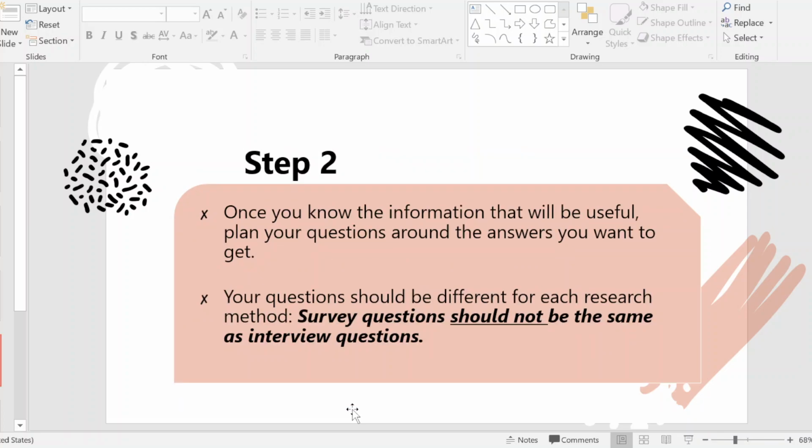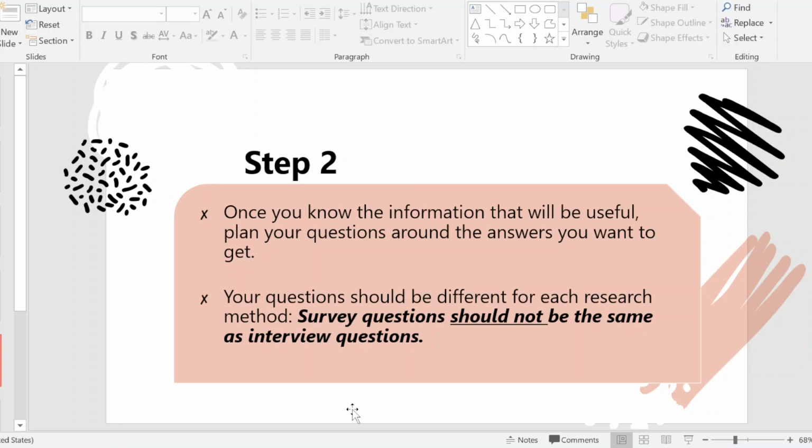So step 2, once you know the information that will be useful, and again, useful being that it can respond to your questions, you then need to start thinking about the answers you want.